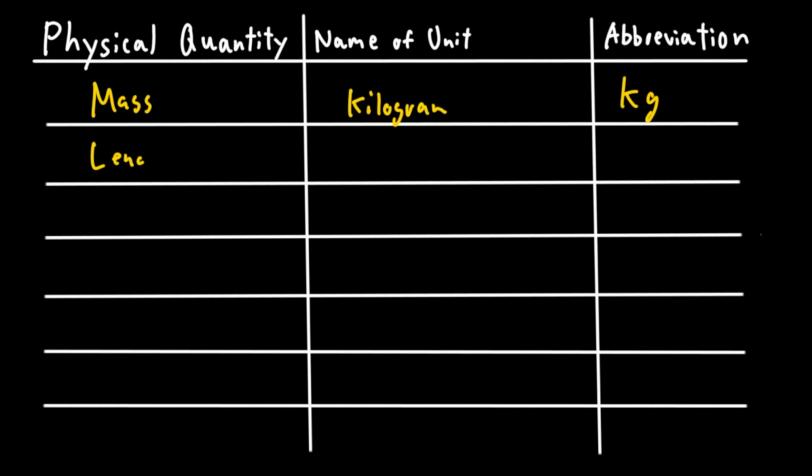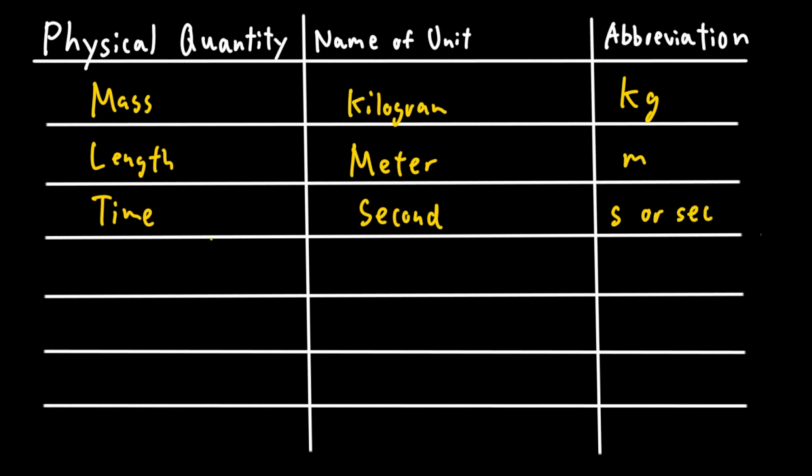Length is associated with meters, which is abbreviated with a lowercase m. Time is correlated with seconds, and this is abbreviated as S or SEC.